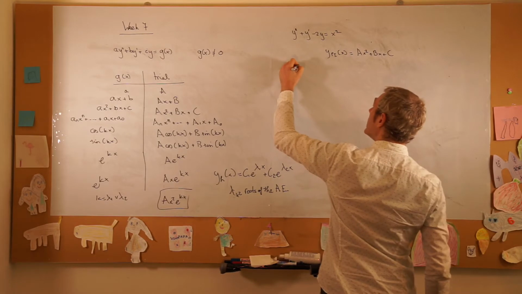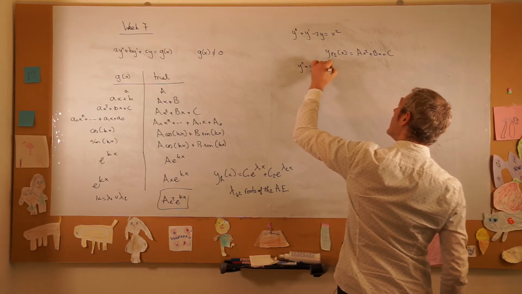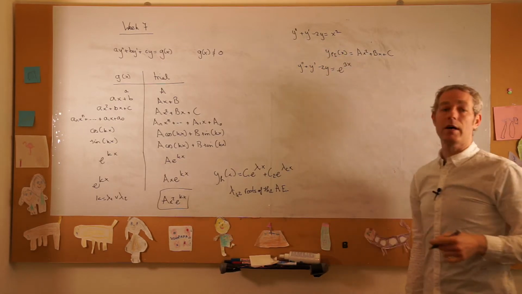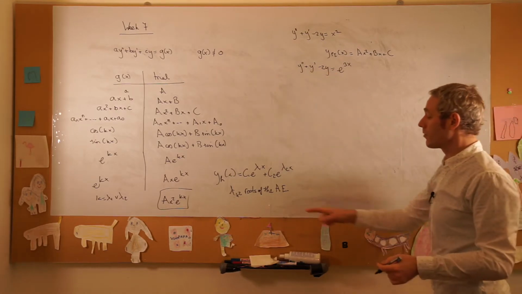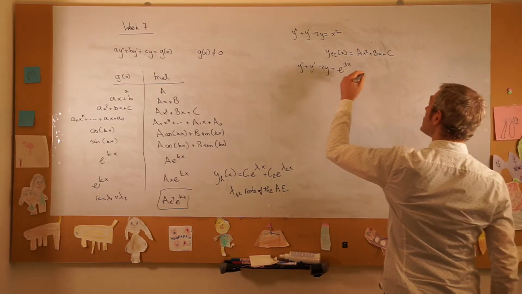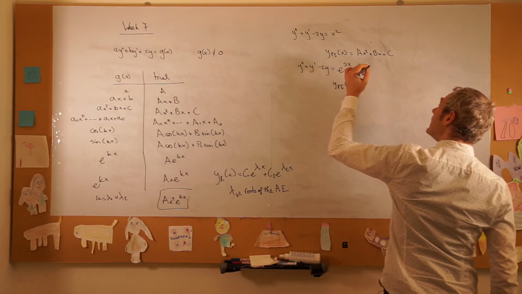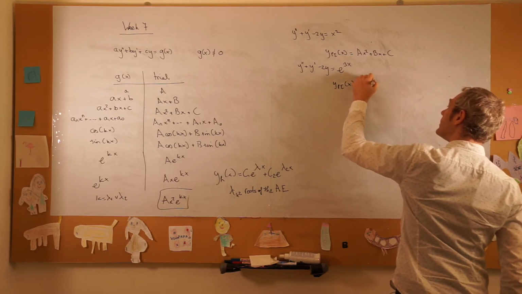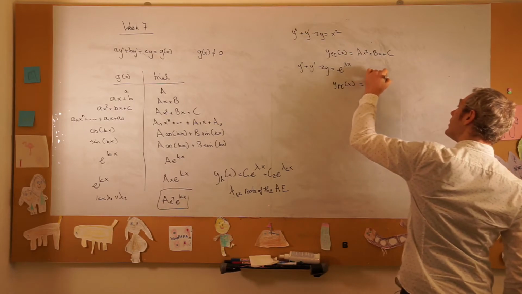If we have the same equation with e to the power of 3x, 3 will not be one of the two roots of the auxiliary equation. We try y_p of x is A e to the power of 3x. I used an a before, I'll use an a again, but the letter obviously doesn't matter.